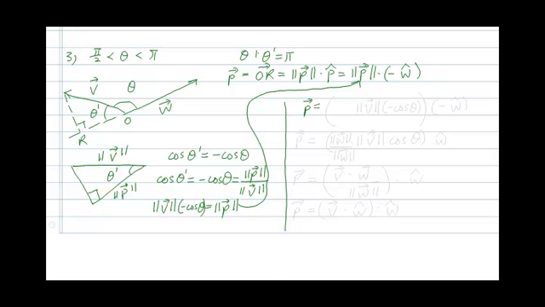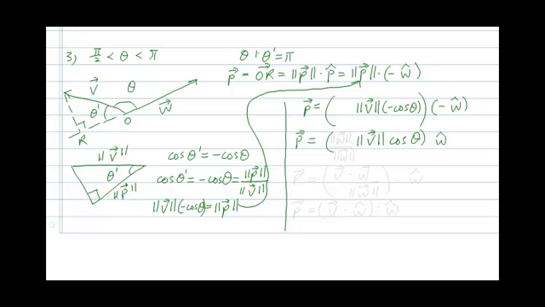Then vector p equals the magnitude of vector v times negative cosine of theta times negative of the direction of vector w. Negative times negative is positive. Vector p equals the magnitude of vector v cosine of theta times the direction of vector w. Again, we want to use dot product to represent this expression.